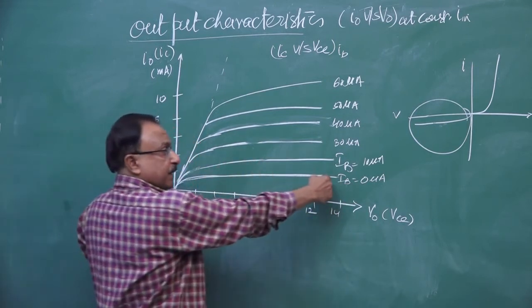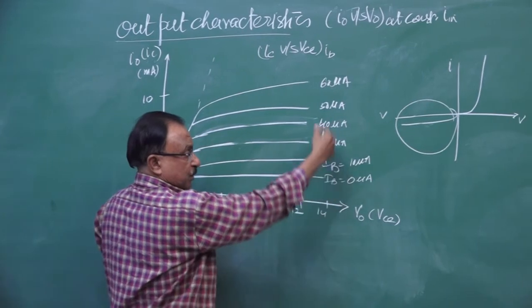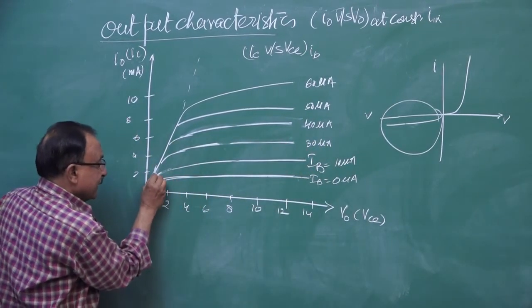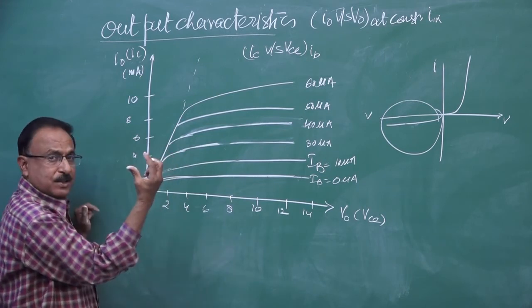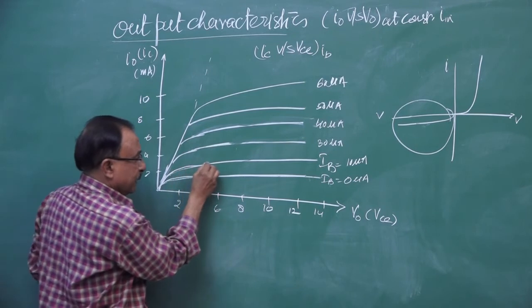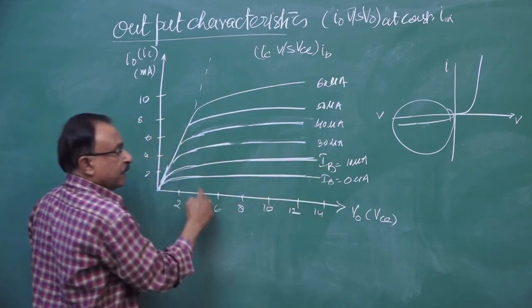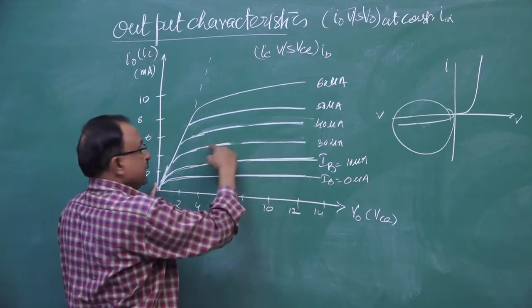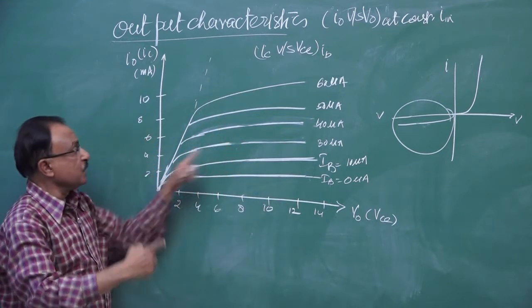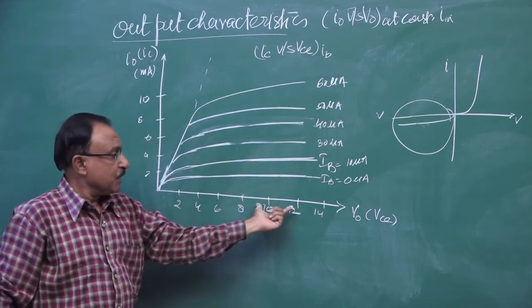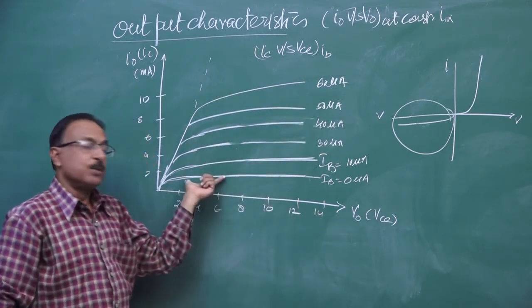Then we change IB, say from 0 to 10 microampere. We find that current again increases initially, with a very slight change in the voltage it increases rapidly, and then again becomes constant. So what we observe is that IC changes only with the change of IB. Otherwise, for a larger change of the voltage, it is almost constant.